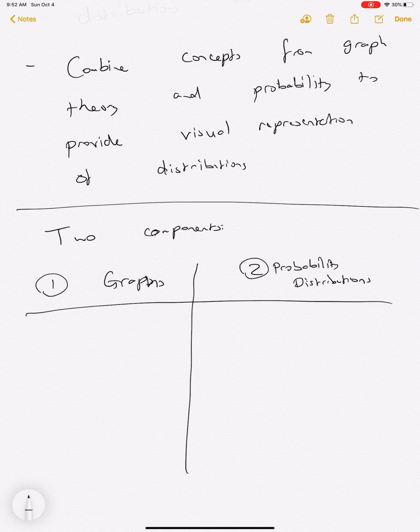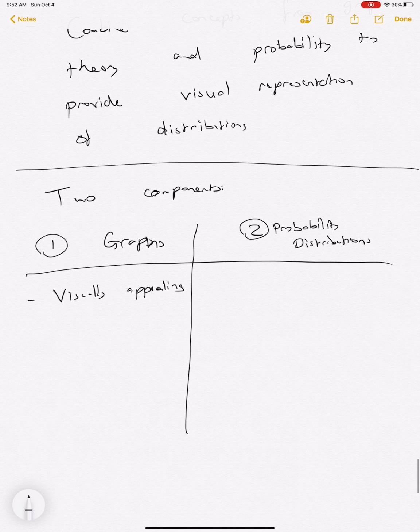So graphs are nice because they're, I would say, visually appealing, and that's sort of the main point for that.